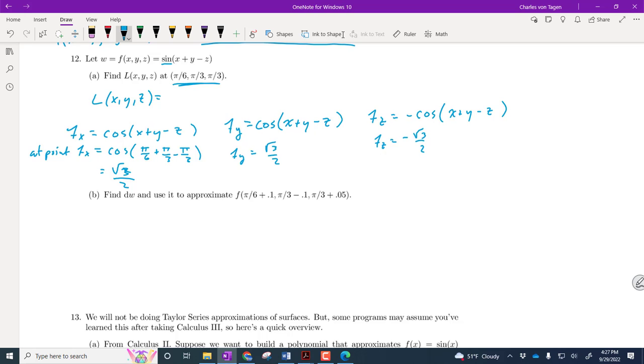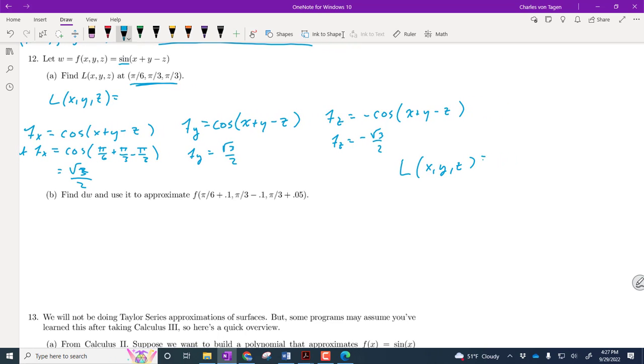So we're building this linearization at the point pi over 6, pi over 3, pi over 3.